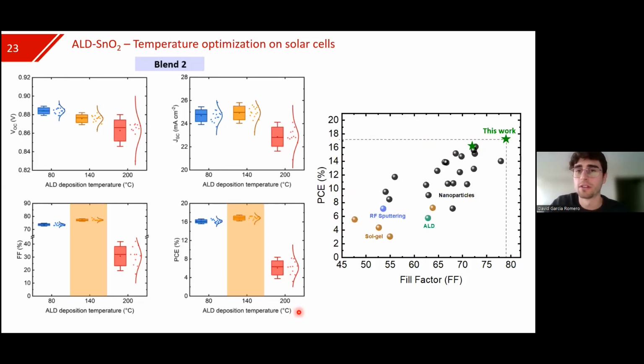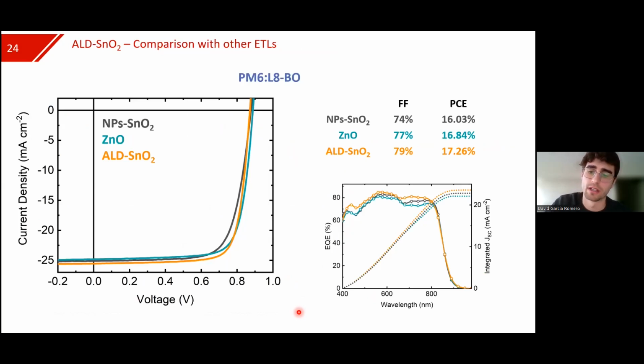We even compared this again with the tin oxide from nanoparticles, and with what seems to be the benchmark metal oxide used in organic solar cells, that is zinc oxide. So our calibration experiment led to the conclusion that the ALD tin oxide is actually the best performing system.